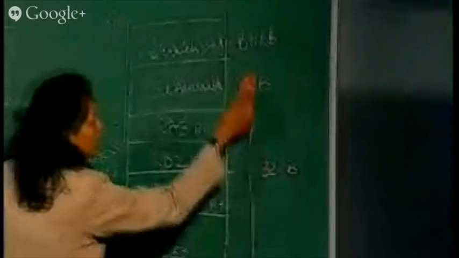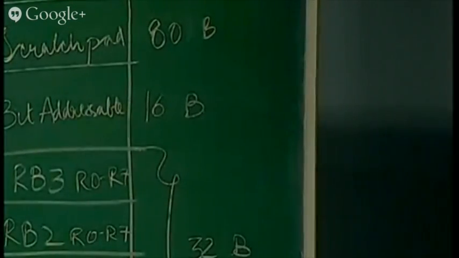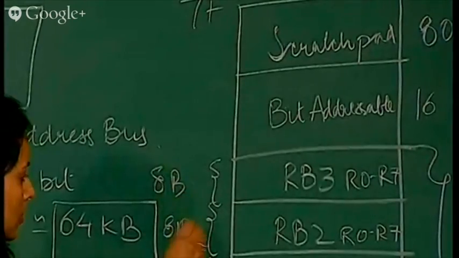Now apart from this, there is another 128 bytes also. Sorry, I was saying kilobytes. It is bytes, not kilobytes, because there are a total of 128 bytes.